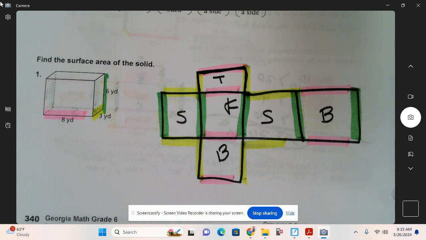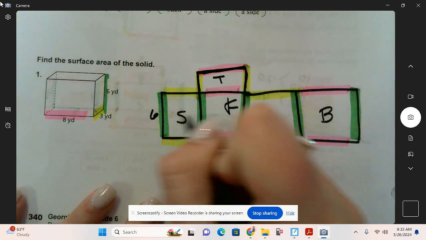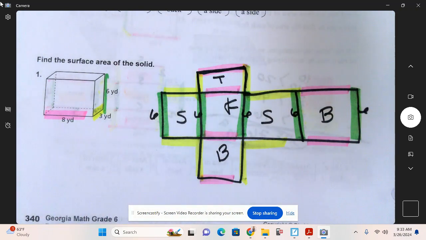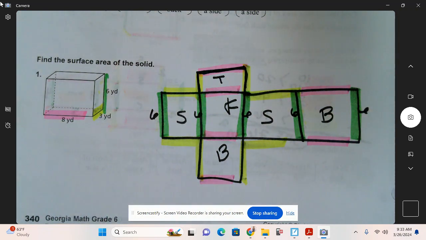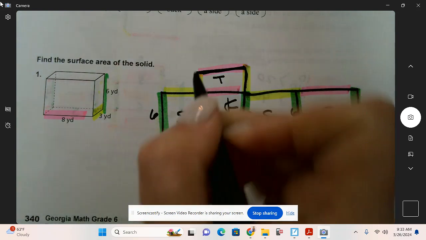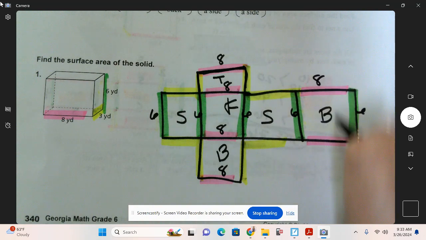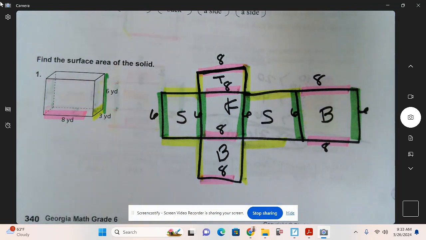So how long are my green pieces? 6. So 6, 6, 6, 6, 6. How long are my pink pieces? 8. And how long are my yellow pieces? 3.